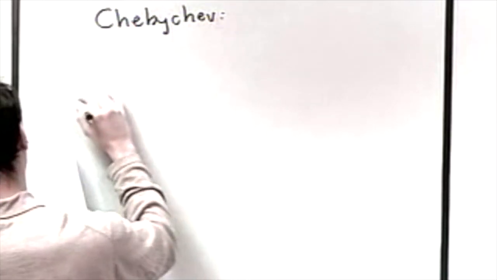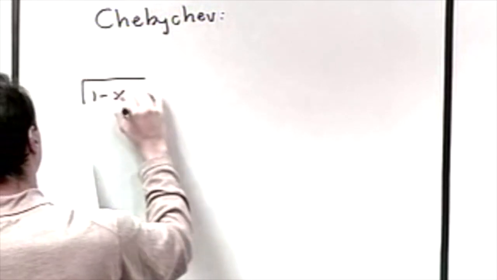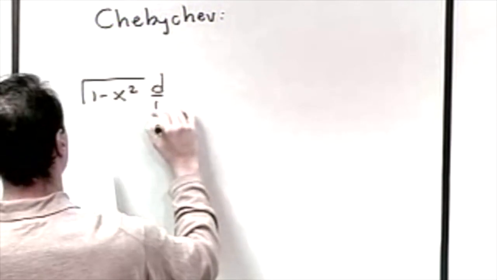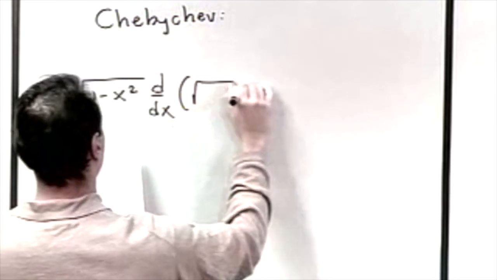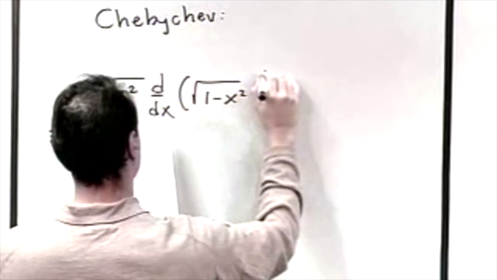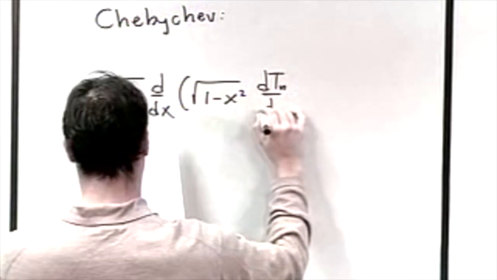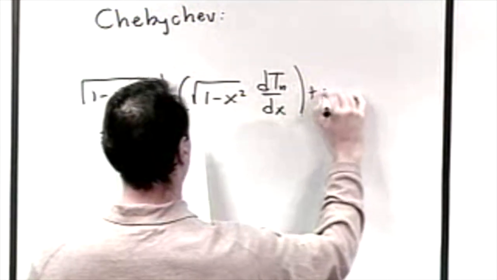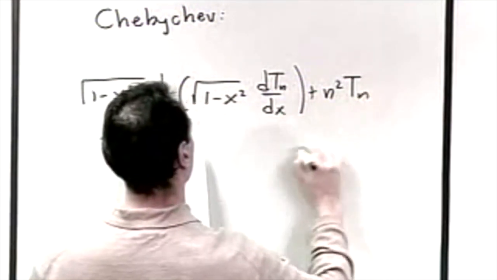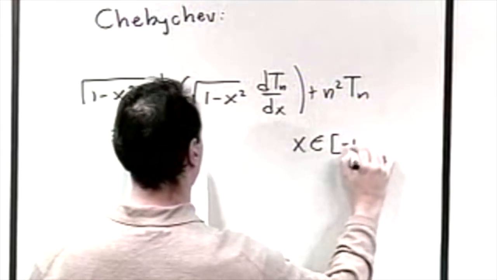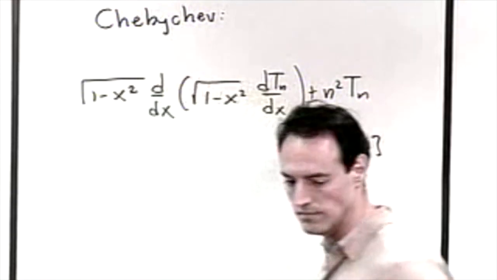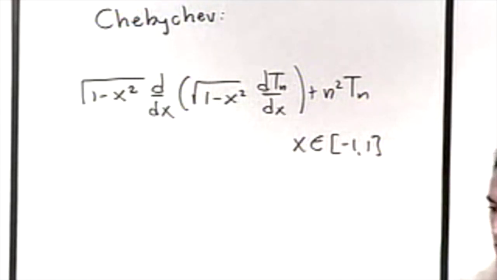So, let's start talking about some of the properties of the Chebyshev. First, Chebyshev polynomials satisfy the following differential equation. There it is. So it's solved on the interval -1 to 1.